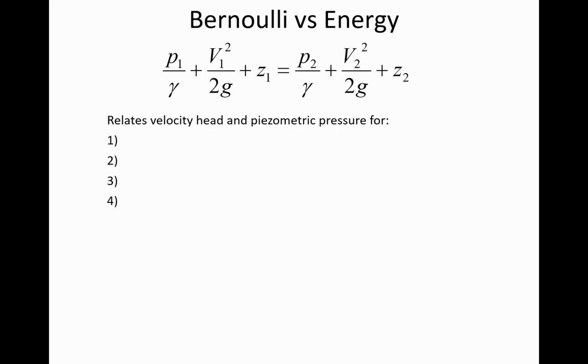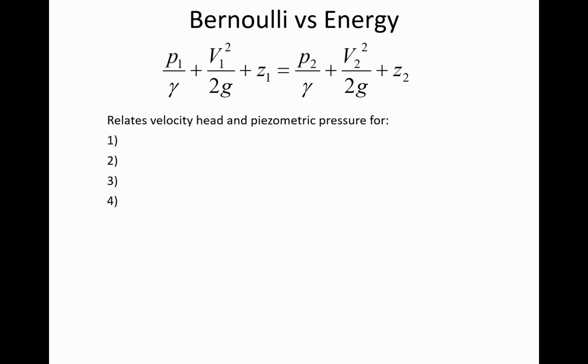The second assumption, besides an inviscid fluid, was we said that it's an incompressible fluid, meaning that the density from one point to the other of the fluid is the same. And so that's a fine assumption for liquids, a little less good when we're talking about gases, which are compressible.